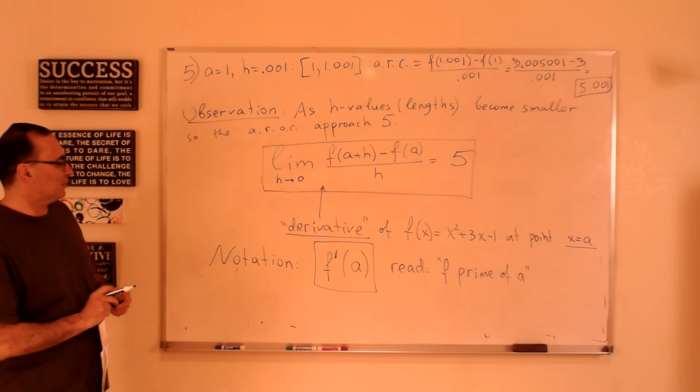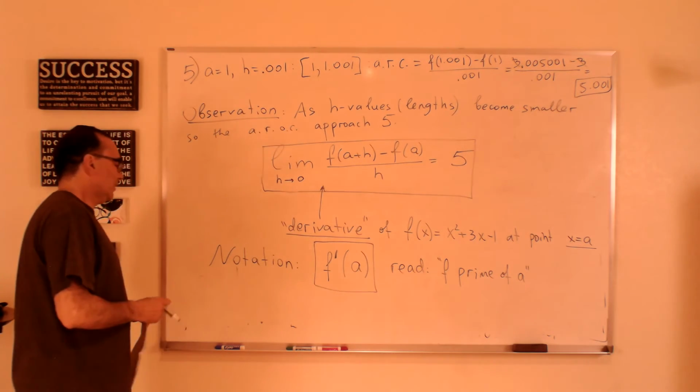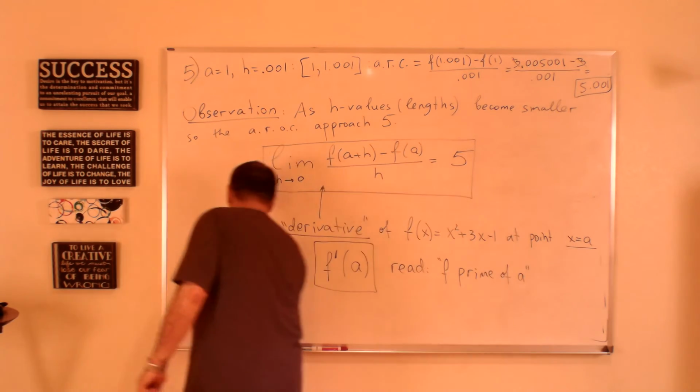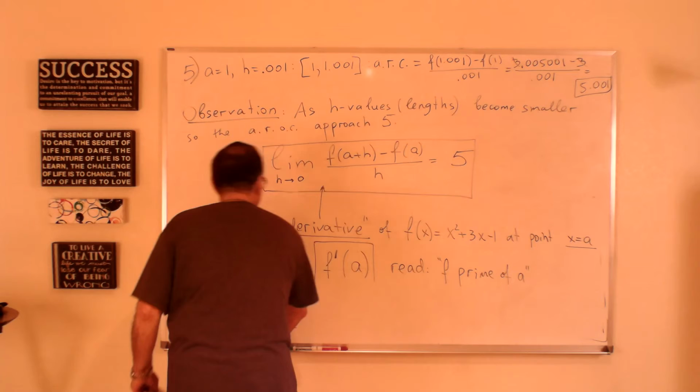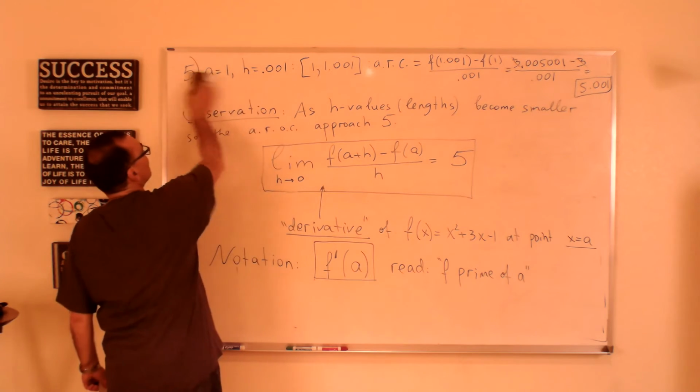Very often this common notation is used together with the formula itself, and so altogether we get the formula for the derivative. Maybe I will write it on the top.